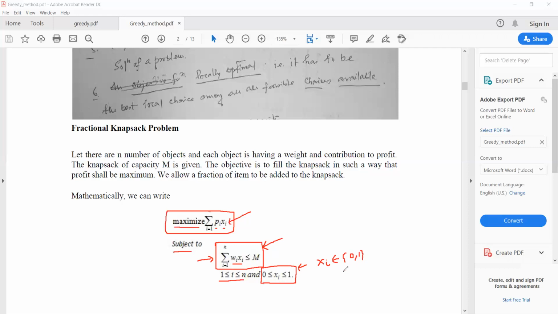But in this example, it is for the fractional case, so you can take any fraction from 0 to 1. Okay, so this is the difference. This is the 0-1 knapsack problem, KP, and this is the fractional knapsack, FKP.